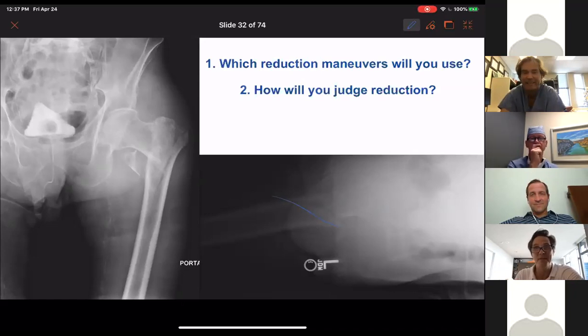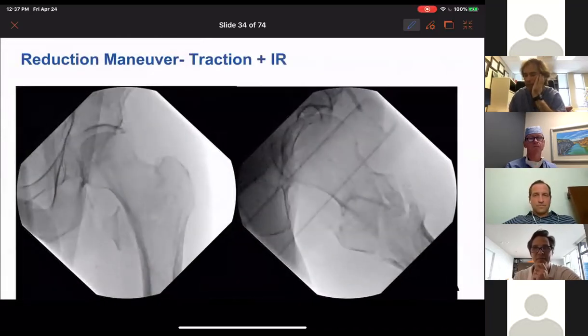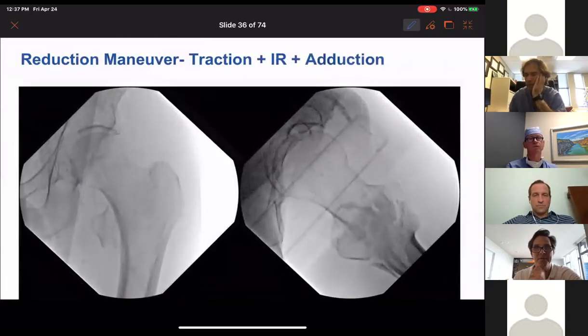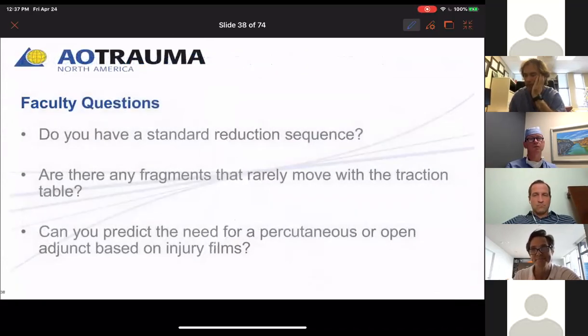Now, I'm not sure that I'm changing outcomes, but they are usually getting from a percutaneous to a larger incision with some type of help, because I'm rarely satisfied with the reduction I get purely with traction and internal rotation. But I can't give you any consistency, and I'm hoping you're going to tell me that I can do these a little more efficiently.